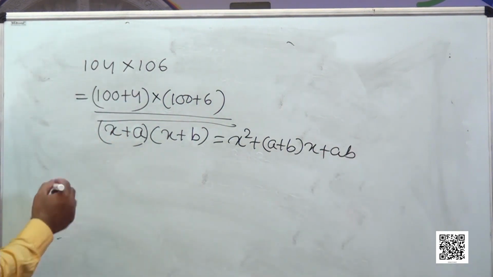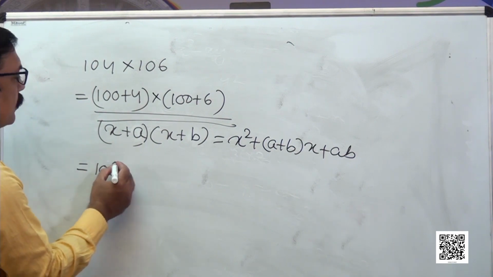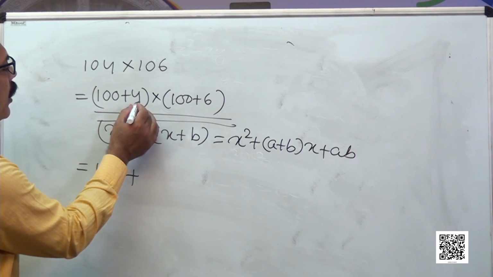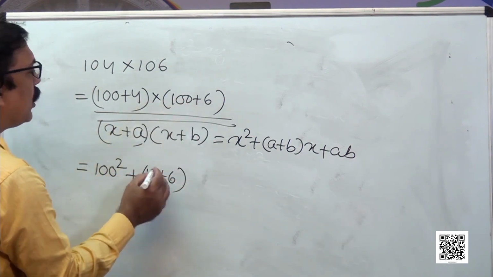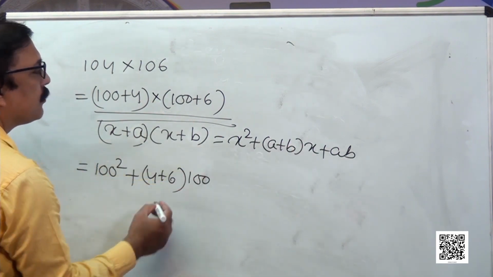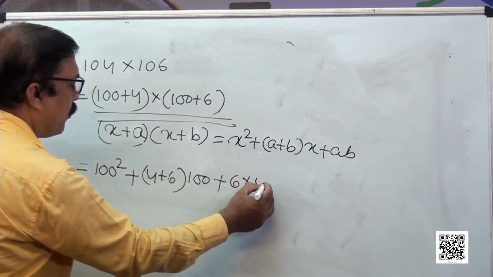So we can write here 100 square plus, here a plus b means 4 plus 6, into x which is 100, plus ab which is 6 into 4.